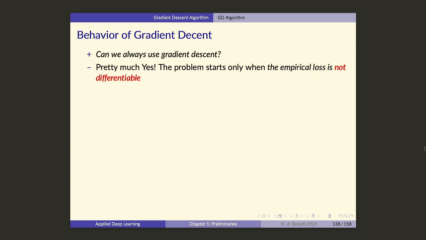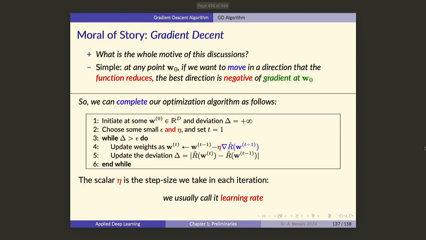What would happen if I start moving in the negative direction of the gradient and end up with a point where the gradient is 0? Yeah? Because as you can see in this gradient descent algorithm, if the gradient becomes 0, then my W does not get updated. This means that delta is 0, which means delta is not more than epsilon, and the loop is going to be over, right? So this algorithm keeps going until it gets to some point where the gradient is 0, and then at that point you're going to stop.